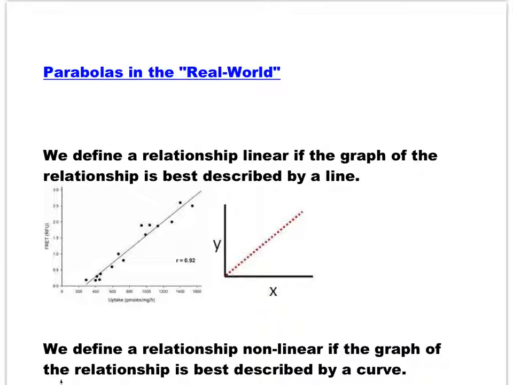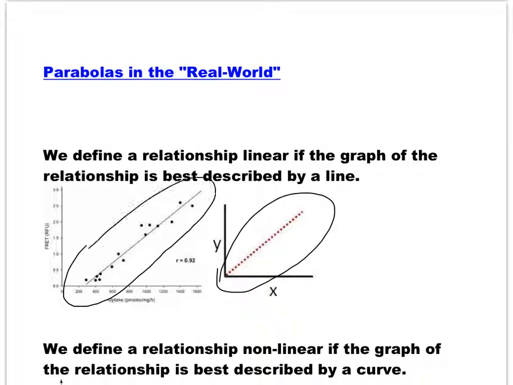In this relationship, if you plot the values of x and y, you get either an exact line like this graph, or a relationship which has a linear pattern like this one. Although the points are not all on the line, you can easily see the pattern of the points, which shows a linear relationship.